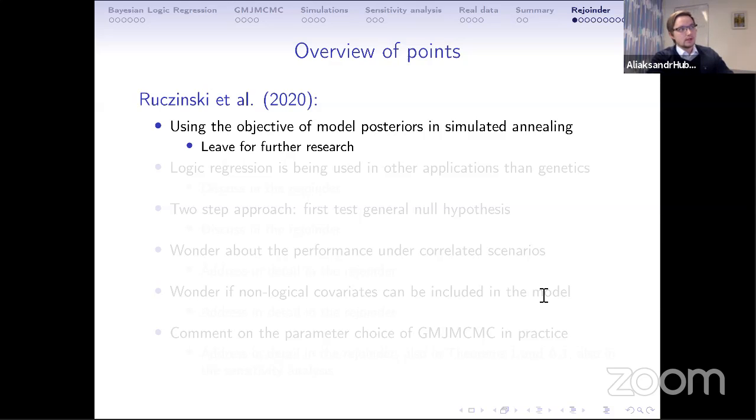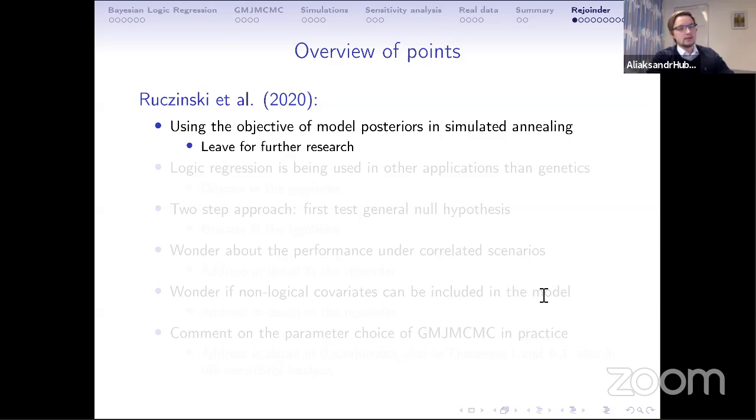The first point that we found to be interesting was that the objective of using the product of the marginal likelihood and the prior could have been used in their simulated annealing algorithm and perhaps would have improved the results of the inference based on the simulated annealing algorithm. This is actually a very interesting point, and we definitely agree that it could lead to very interesting results.